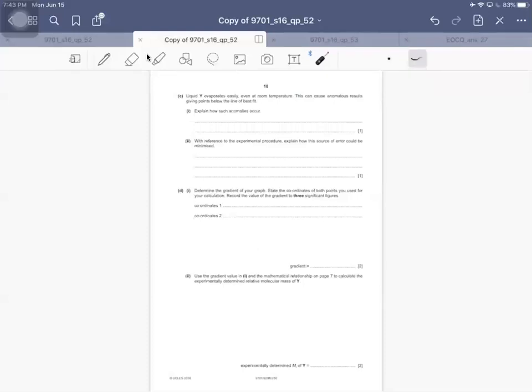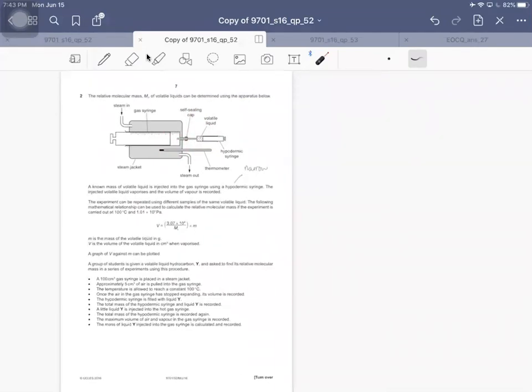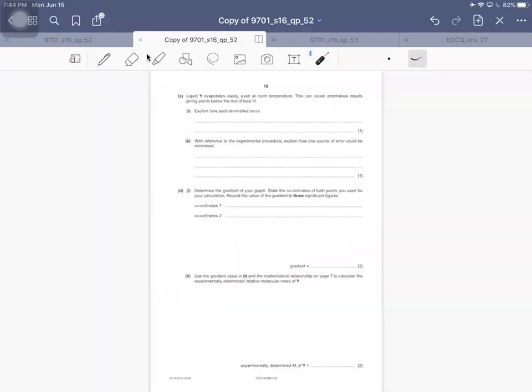This can cause anomalous results, giving points below the line of best fit. The mass of Y is decreasing, but it escapes as gas to the atmosphere, not into the gas syringe. So this is one of the reasons why your value can be lower than expected.